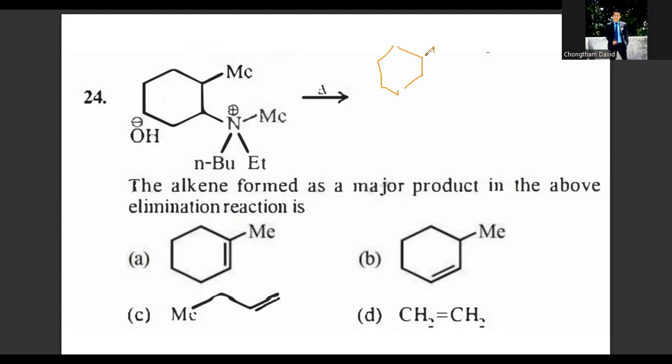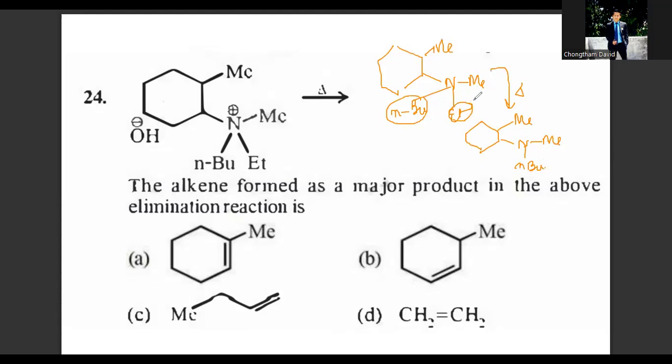Here you have the substituent, which is your methyl, then nitrogen linked with another methyl. You have n-butyl, a normal straight chain having 4 carbons. When this mixture is heated strongly, what are you going to generate? Methyl, then nitrogen, methyl as it is, then normal butyl.